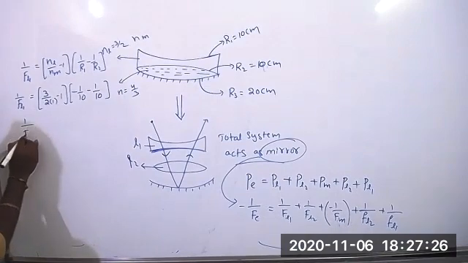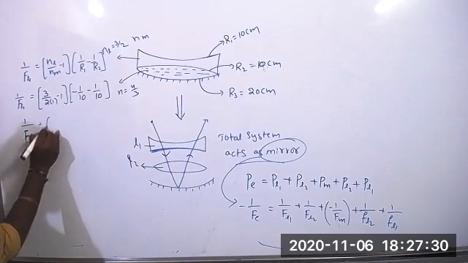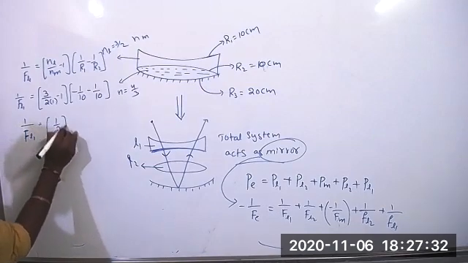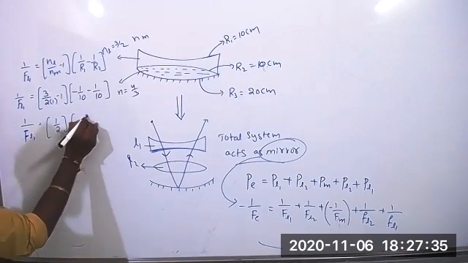So 1 by FL1, one by 2, it is how much? Minus 2 by 10, right?